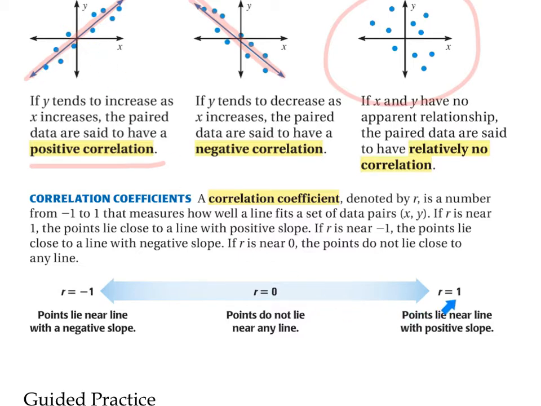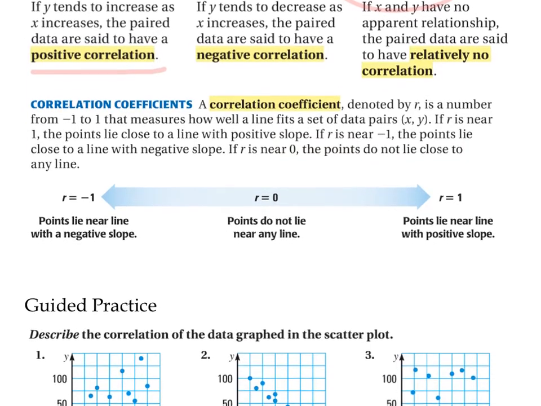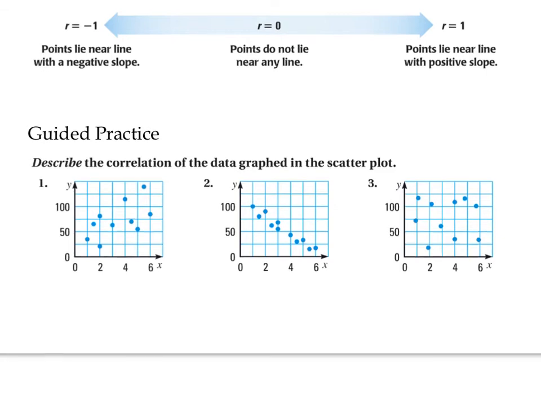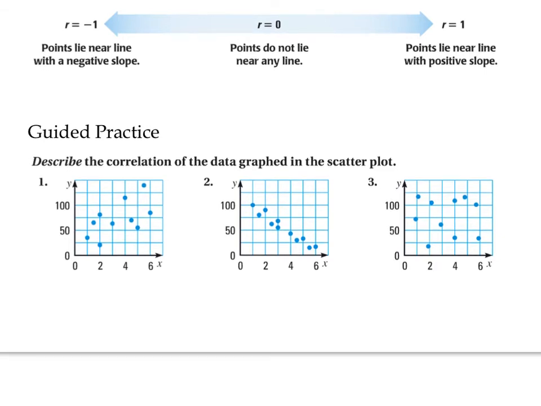So it's not the slope of the line, but it's how close the points are to the line that fits that data. Let's look at a couple examples here where we can try and describe the correlation in the data. So this first example would have a line that you could kind of draw in through here. They kind of follow that line, but they're not really close to the line.